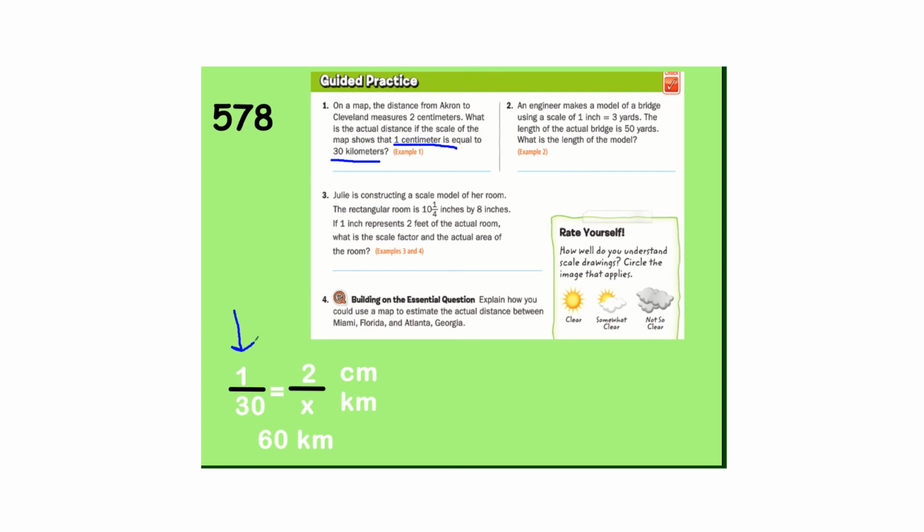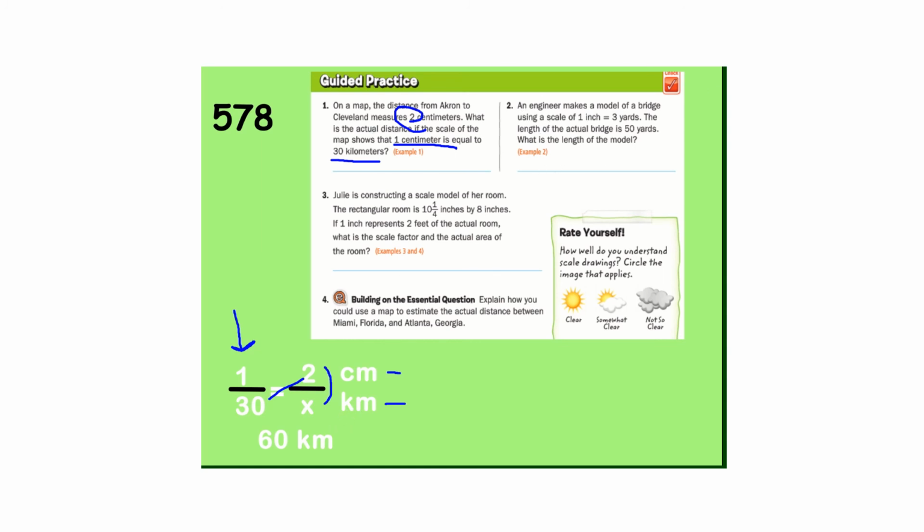This is what they tell you. This is what it's asking you. Make sure that you put in your labels, okay? So 1 over 30 equals, the question is asking you how far for 2. So we have 2 over x, cross multiply, divide, 60 kilometers, the answer for number 1.